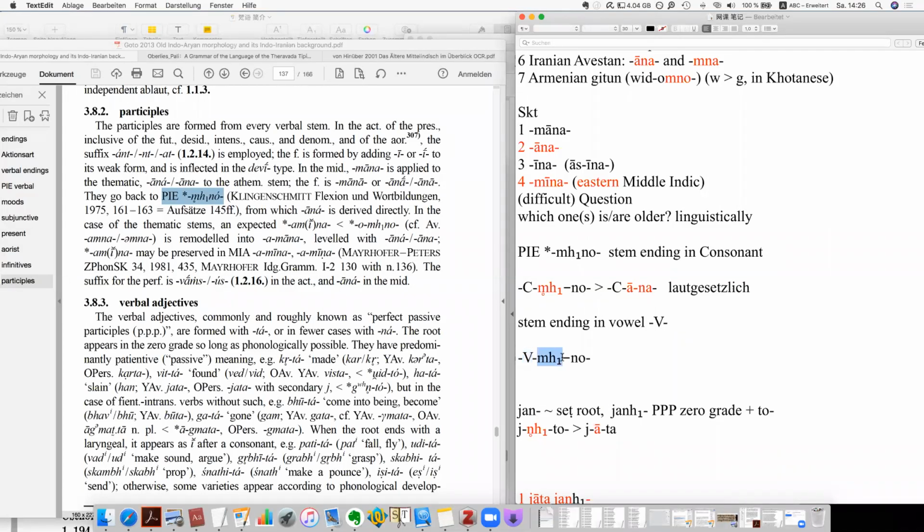This M will not become a vowel because this is already a vowel. In this case, consonant, consonant, consonant is not allowed. But in this case, we have vowel, consonant, vowel, consonant, vowel. And in this case, a laryngeal between consonants in Sanskrit becomes i, right? So I write it here.